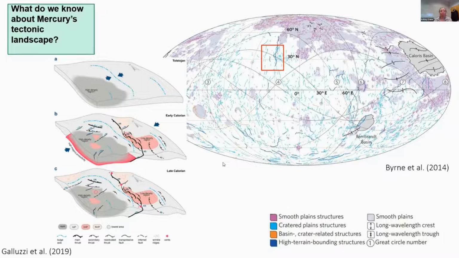Same thing is going to happen on other planets. You can start to predict where these faults are going to root into and what their layering might be. So for example, here, the roots might be into regions where you have a different composition. In the smooth plains region, we see faults that root down into that boundary layer between the smooth plains and the material that it covered, which would have been similar to intercrater plains.